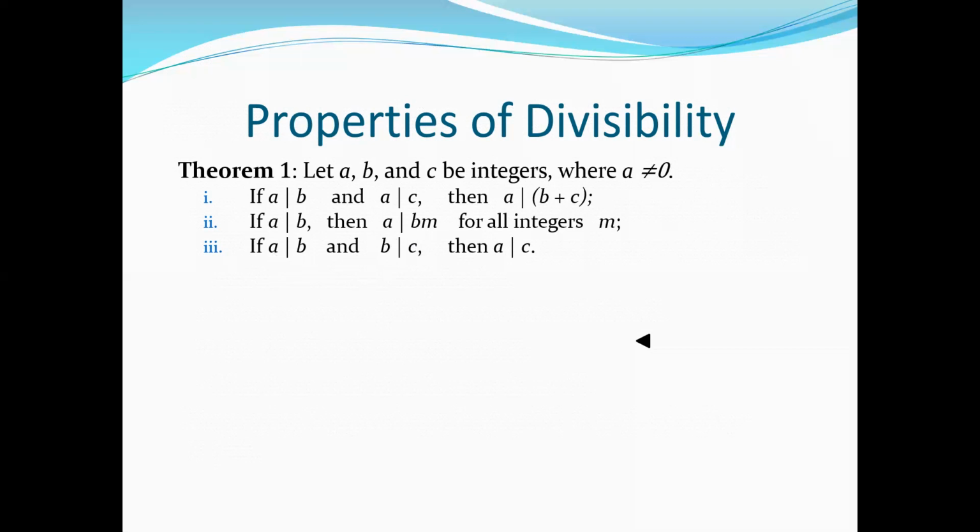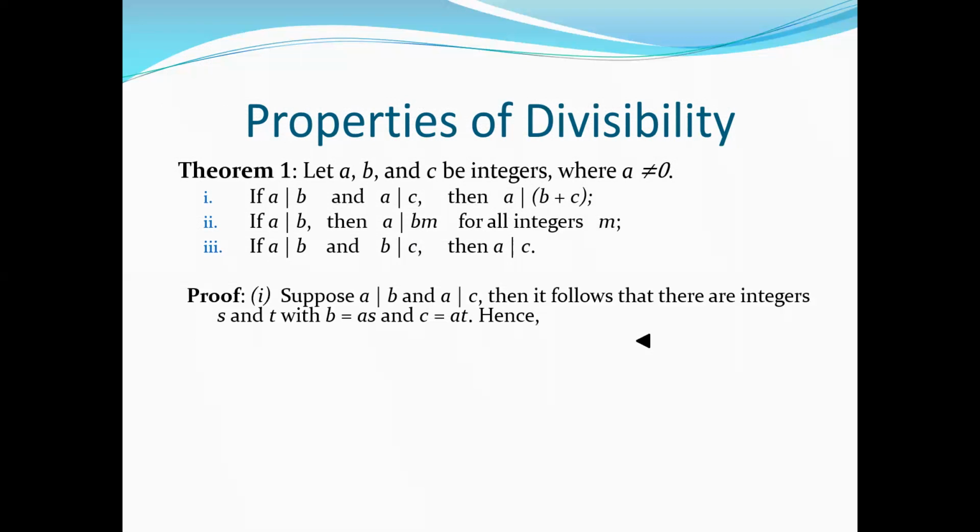Okay, just to prove that form 1 is correct. So suppose A divides B and A divides C. Based on the division definition, there is a value that, when we multiply it to our divisor, will yield our dividend.